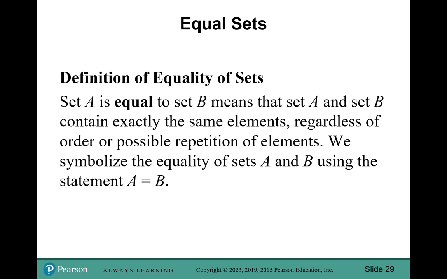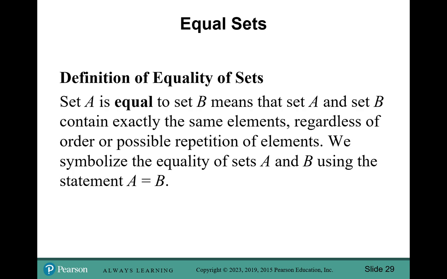Alright, let's look at equal sets. Remember, I told you that equivalent sets are not the same thing as equal sets. So, set A is equal to set B means that set A and set B contain exactly the same elements, regardless of order or possible repetition of elements.